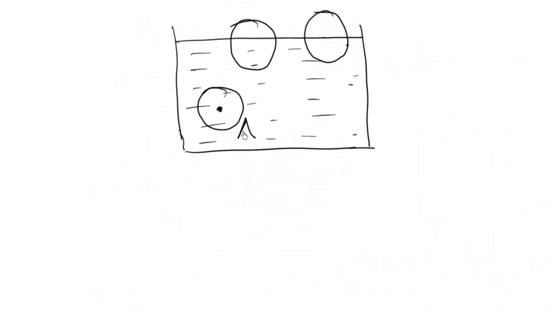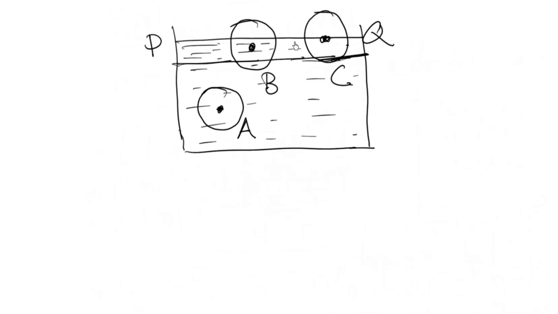We call this A, this is B, and this is C. Let us say this is PQ, the surface of the liquid, and this is RS.